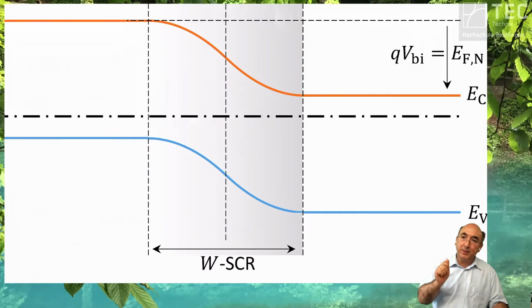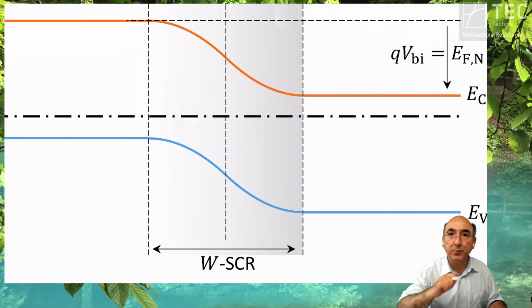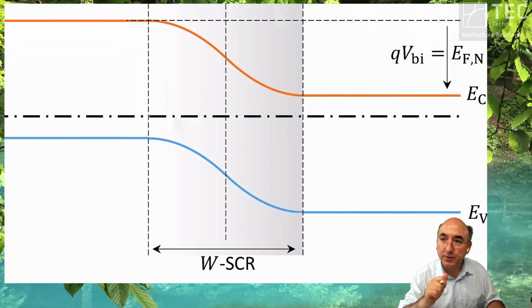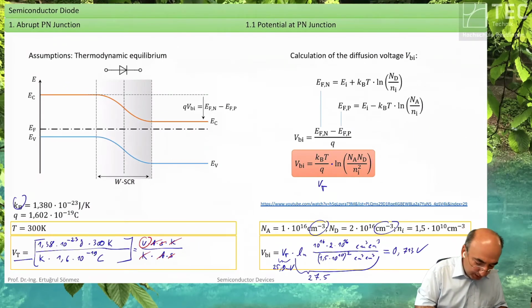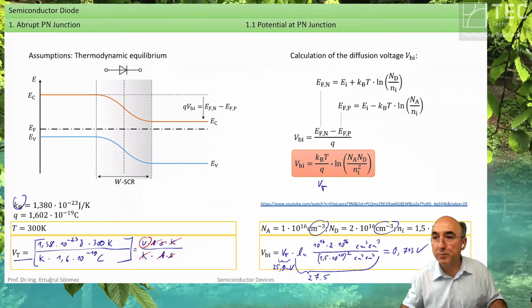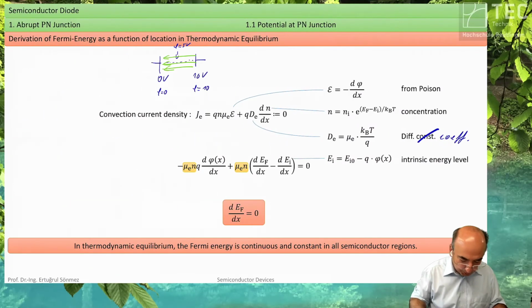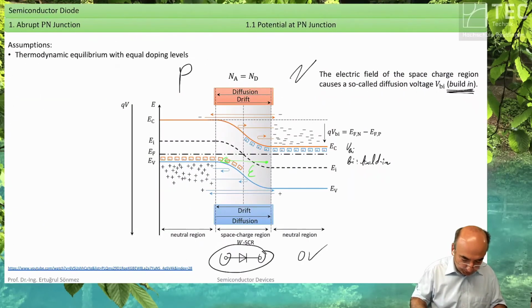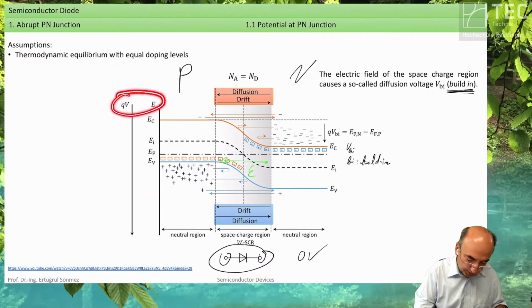The band bending is exactly what we have from the potential in the space charge region, because the energy is just the potential times Q. That's it. Therefore, I have written this once.